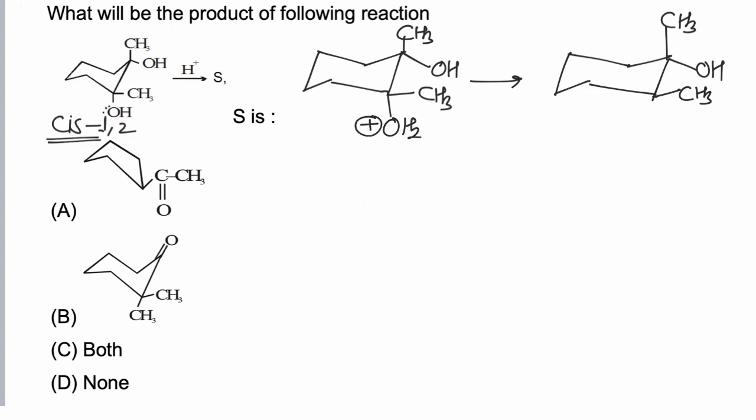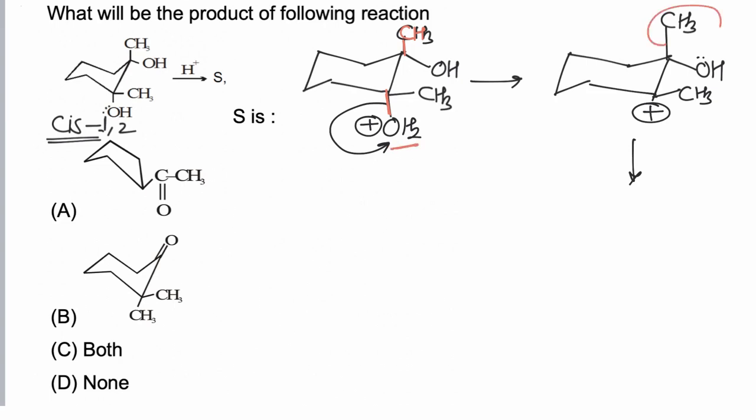In second step now water will be removed which involve formation of carbocation. Now this carbocation will further rearrange to stabilized by alpha effect. Now during migration or during shifting, that group will migrate preferentially which is anti to leaving group. Now this CH3 is anti to leaving group OH2 positive.